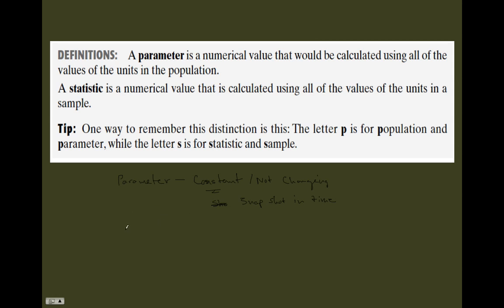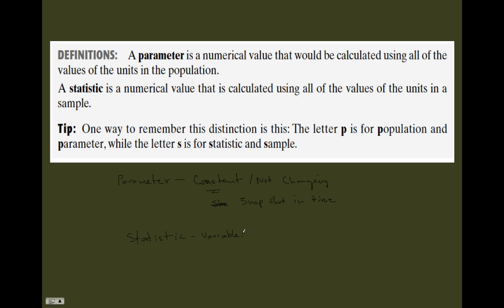So we assume the parameter is fixed. We're always going to assume the parameter value is fixed, okay? But on the other hand, since the statistic is based on a sample from that population, and since different samples could result in different statistic values, we consider the statistic to be a variable.